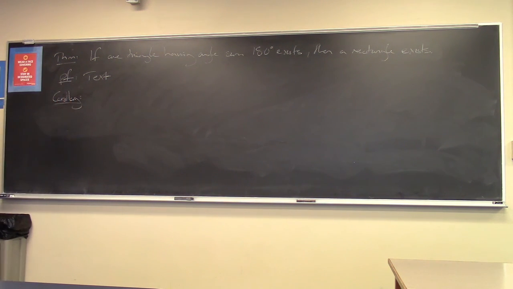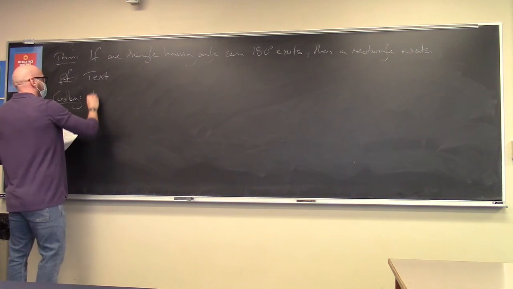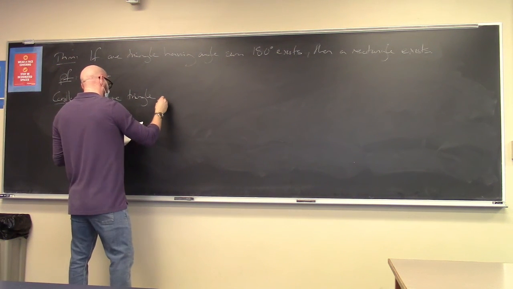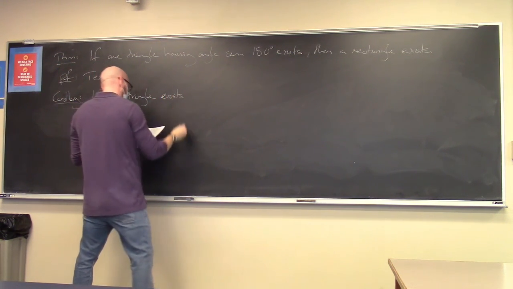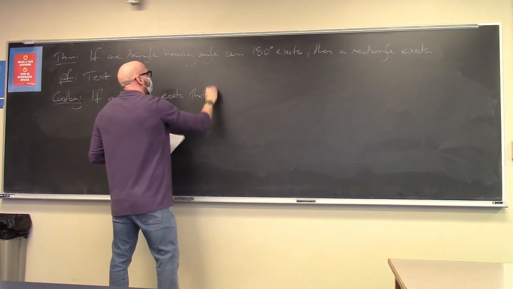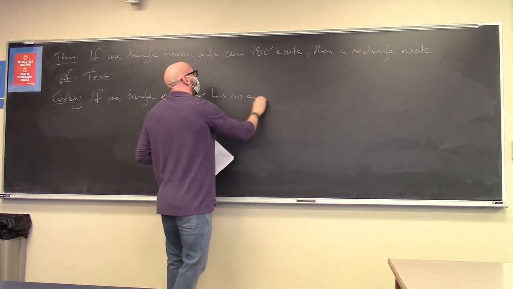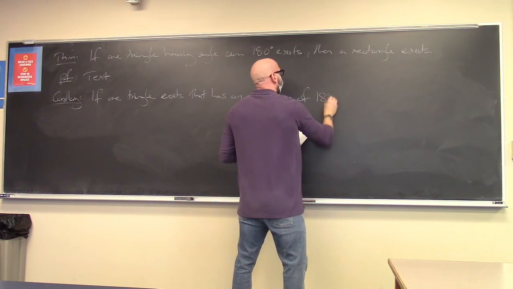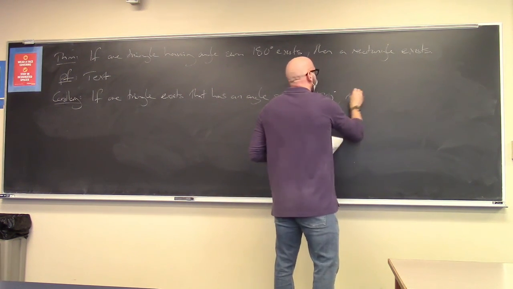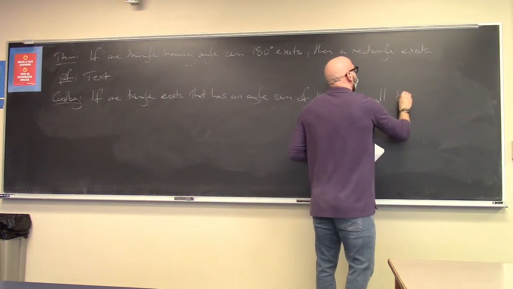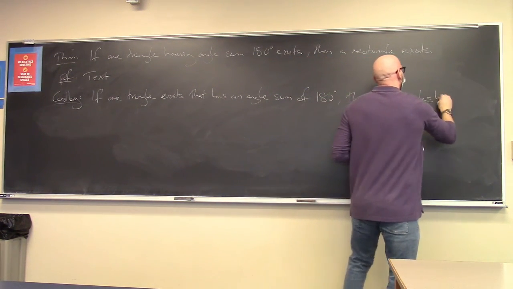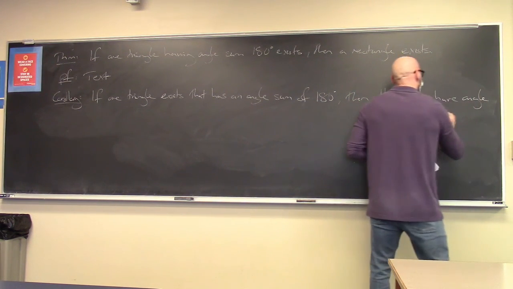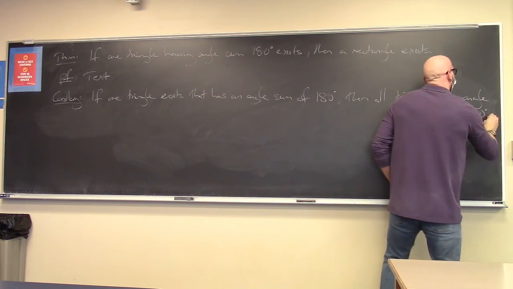And there's an immediate stronger corollary, which is if one triangle exists that has an angle sum of 180 degrees, then all triangles have angle sum 180 degrees.